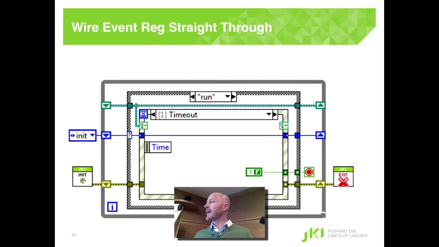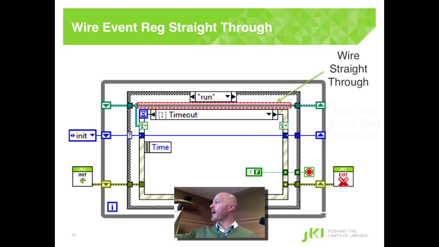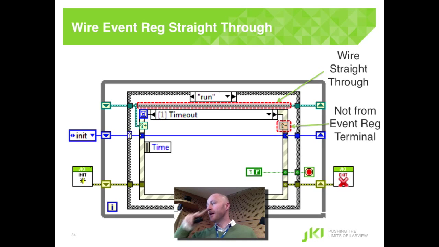And I can't remember exactly why we did this, but I remember there was a bug a while back, which when we were wiring out of the right-hand terminal up into here, it either caused some problem with the type propagation, or maybe it was a runtime propagation of the reference or something like that, but it didn't work quite right.